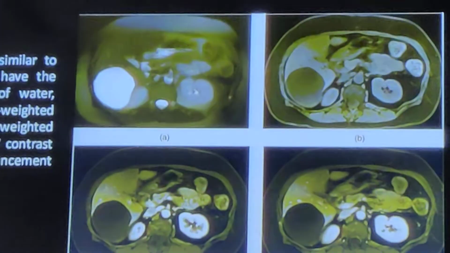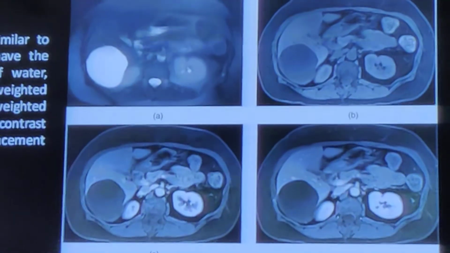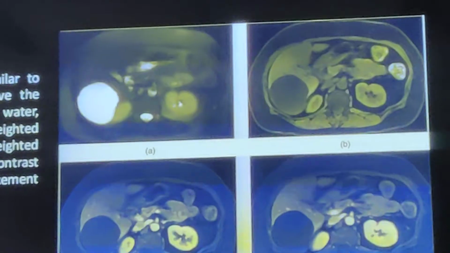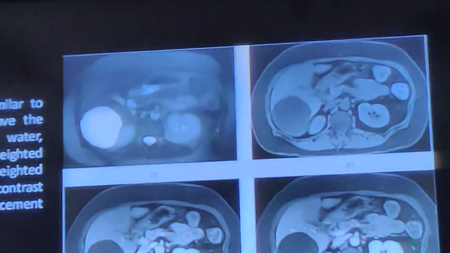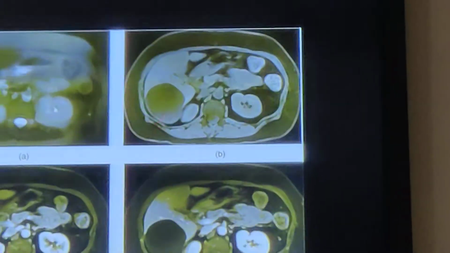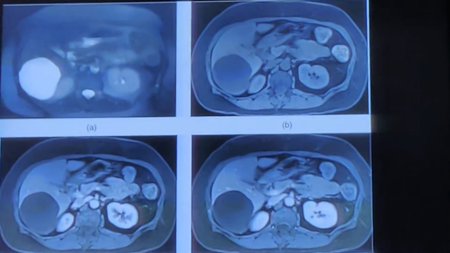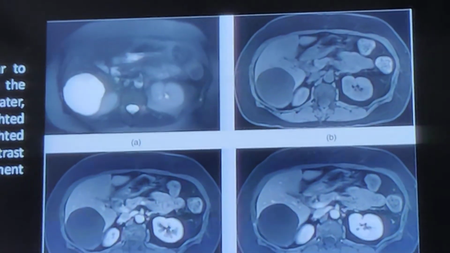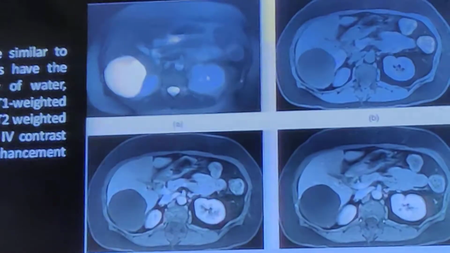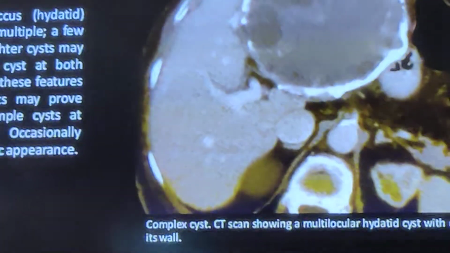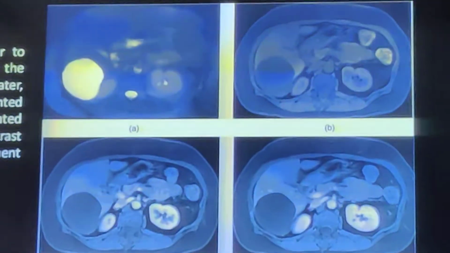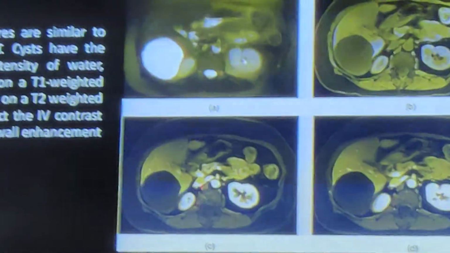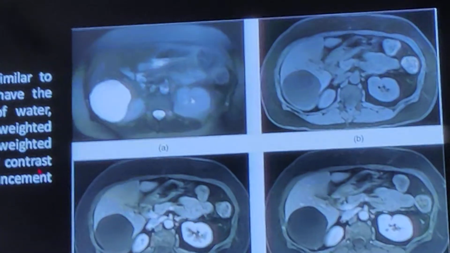The cysts have the expected signal intensity of water, namely low signal on T1 and high signal on T2. See, it is white, meaning bright in the T2 weighted image, whereas we see it hypointense on the T1 weighted image of the MRI. Now then with contrast, we have the kidneys enhancing. You see them, this is the right and this is the left, on the aorta and IVC. But see the cyst did not take contrast.